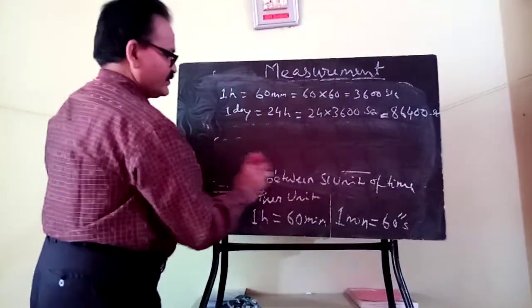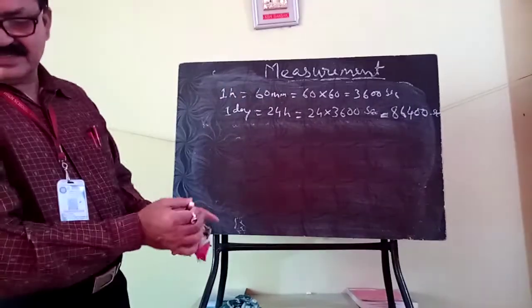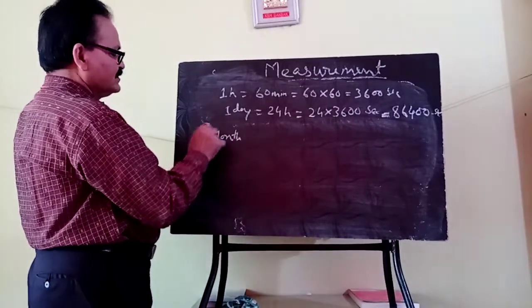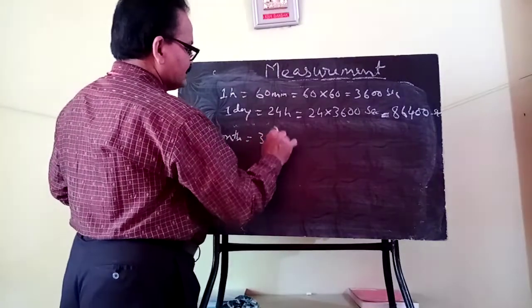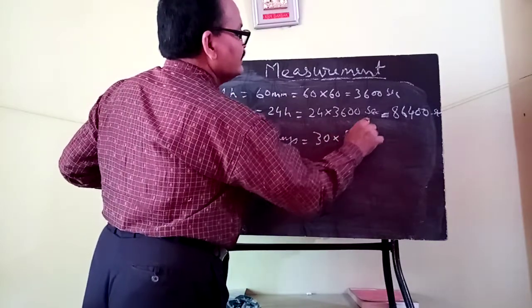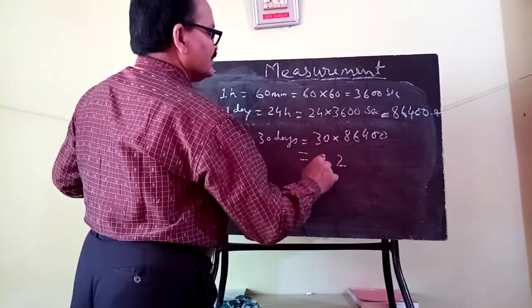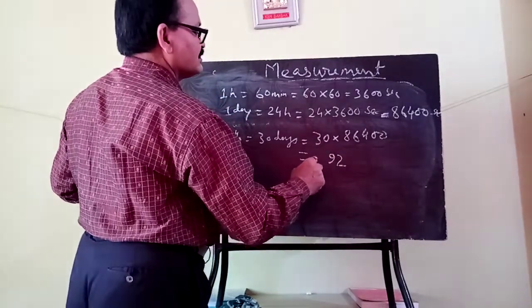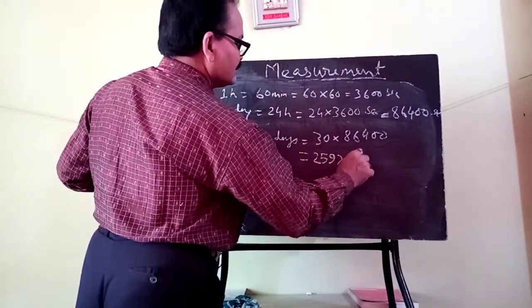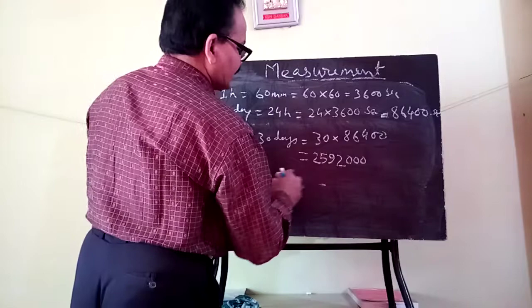Now another bigger unit is your month. 1 month is 30 days, and so in seconds it is 30 into 86400, this much of seconds.